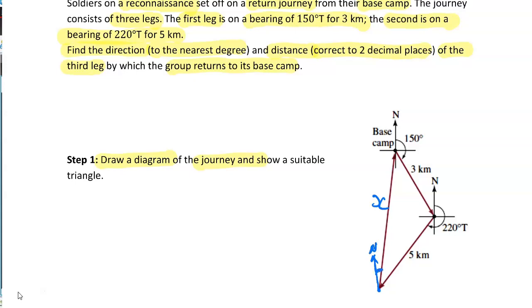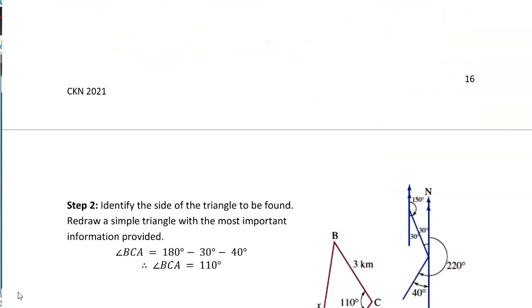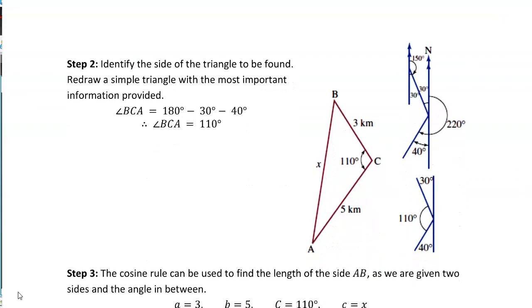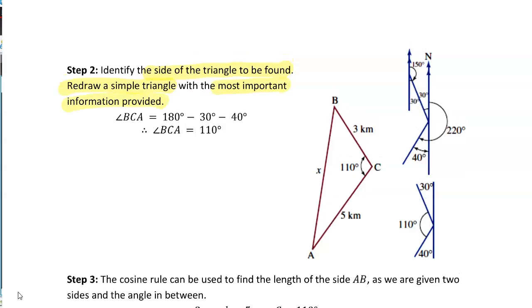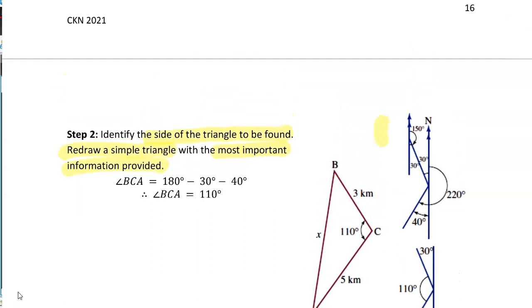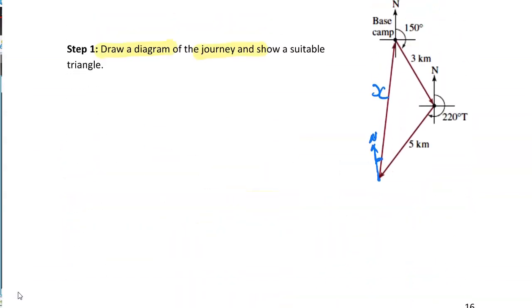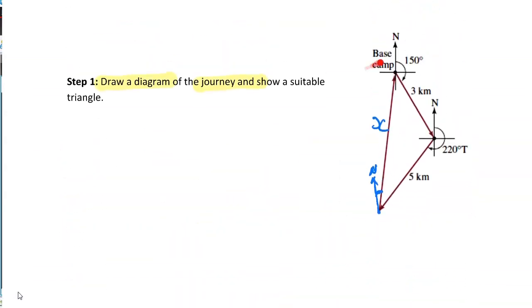But it's that angling there. Okay, and this is it sort of drawn as well. So identify the side of the triangle to be found. Redraw a simple triangle with the most important information provided. Okay, so all of this is from the information in here.